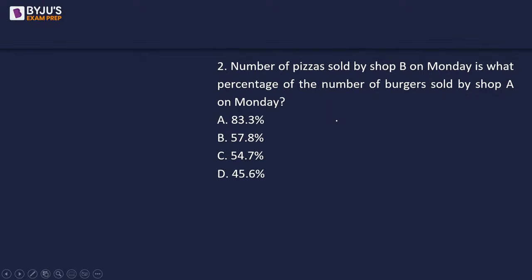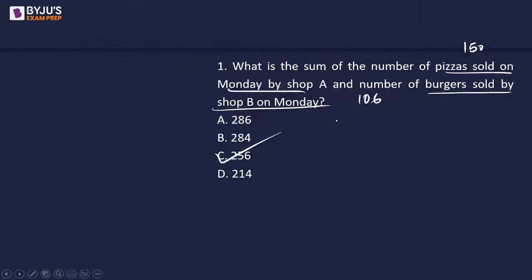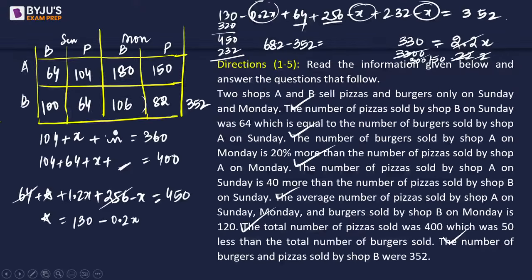The number of pizzas sold by shop B on Monday is 82. Is what percentage of the number of burgers sold by shop A on Monday? Burgers A Monday. Monday A burgers 180.